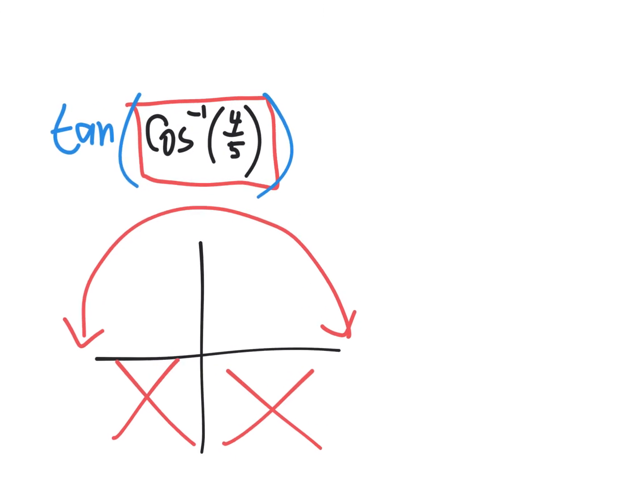You could have crossed off the dead zone because it's just not applicable, ever. Then, figure out where cosine would be positive because these are both positive numbers. Then, rewrite this as cosine of some angle is equal to 4/5. Then draw the triangle in the right spot and figure out the tangent of it.